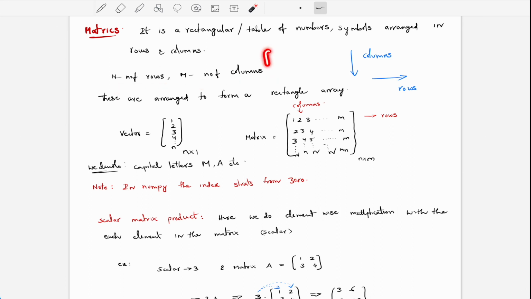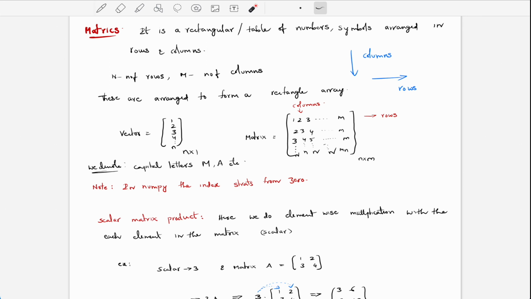If we have a matrix like this, there are n rows and m columns. We call these rows, and the vertical lines we call columns. They are arranged in the form of a rectangular array.